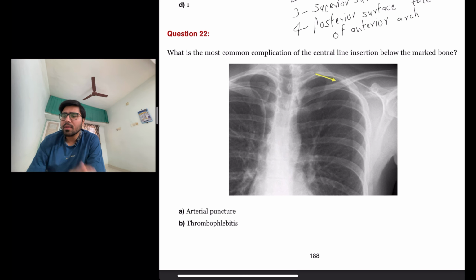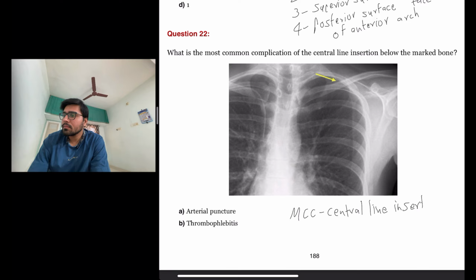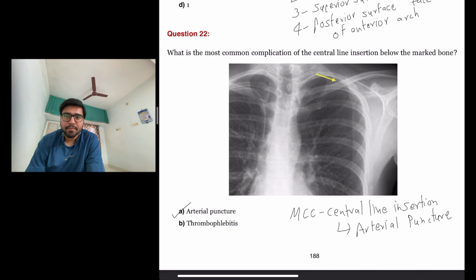So the most common complication of central line insertion is arterial puncture. The answer is A.